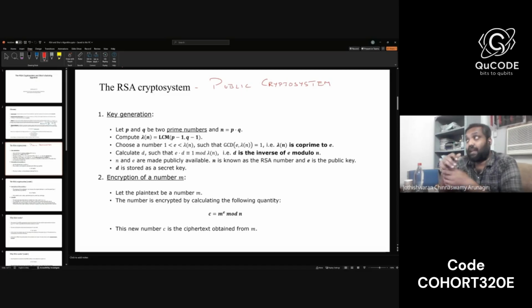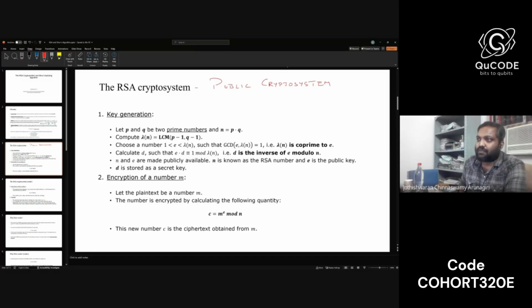It is not to be known to an adversary, and that secrecy is the foundation of the security of the system. Now, in a public key crypto system, let us use the RSA crypto system as an example and see what the definitions are. First we choose two prime numbers P and Q, and then we compute the number N, which is P times Q. Then we calculate a number called lambda of N, which is the LCM of P minus 1 and Q minus 1.